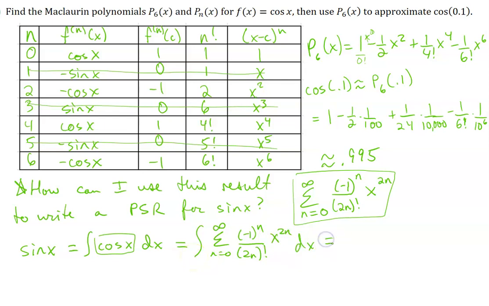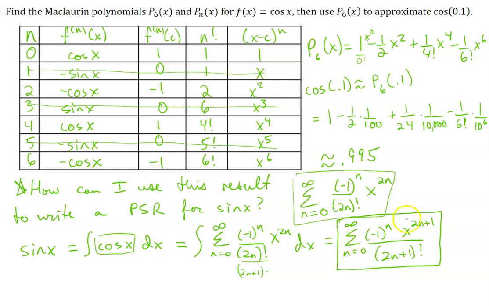And so this is going to be equal to the sum, and then negative 1 to the n is just a coefficient. Antiderivative of x to the 2n would be x to the 2n plus 1, and then I need to divide by 2n plus 1. Well, if I have 2n plus 1 and then I'm multiplying it times 2n factorial, that's the same thing as 2n plus 1 factorial.